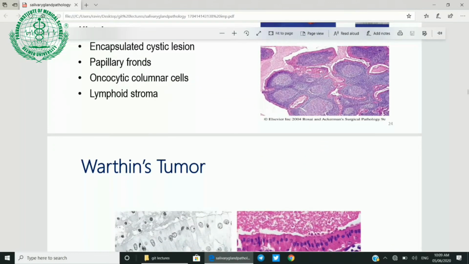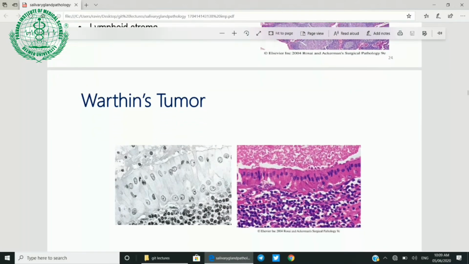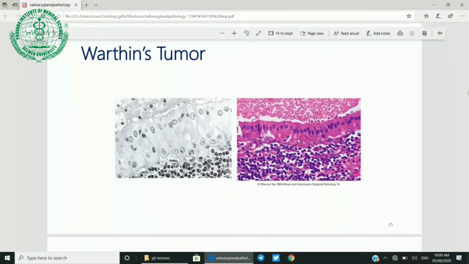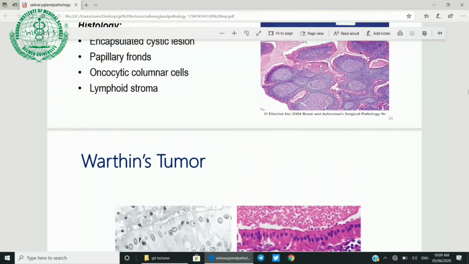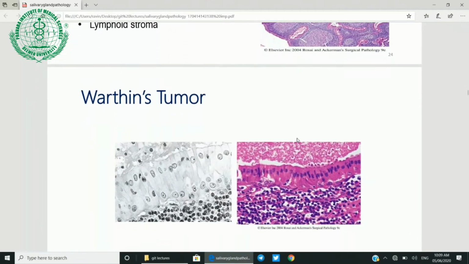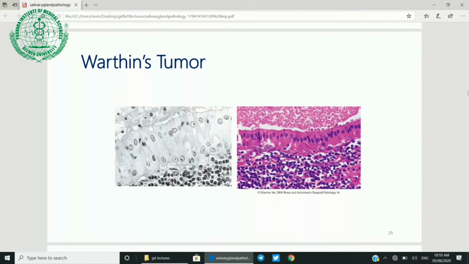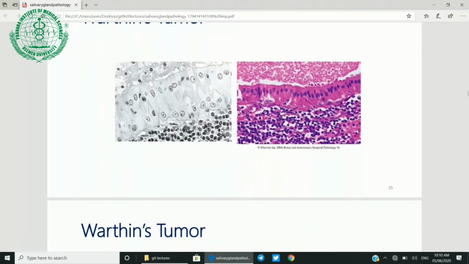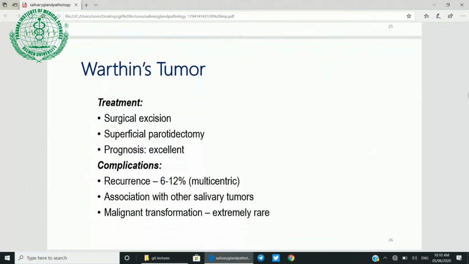Histologically, you will get papillary fronds. I have already told you, bilayer of oncocytic cells and lymphoid stroma. You can see these layers of oncocytic epithelial cells, and these epithelial cells are on the lymphoid stroma.